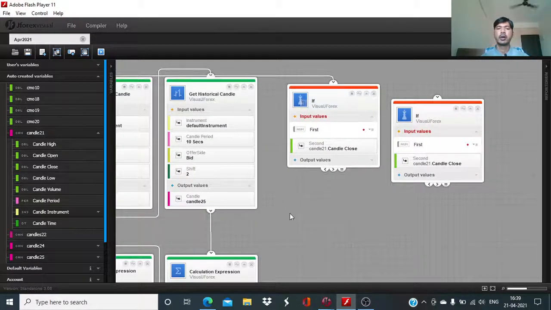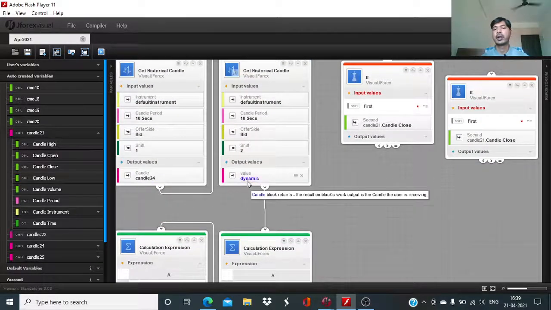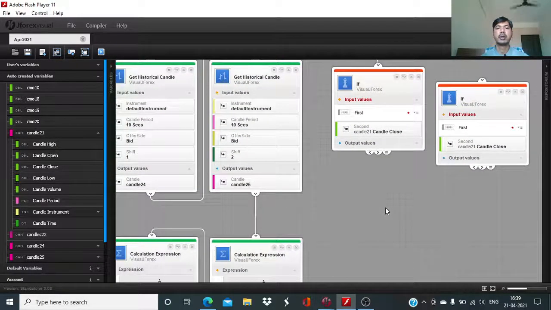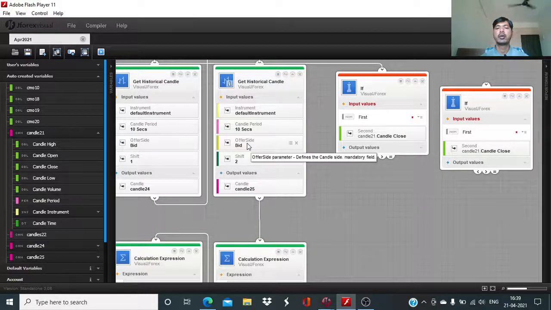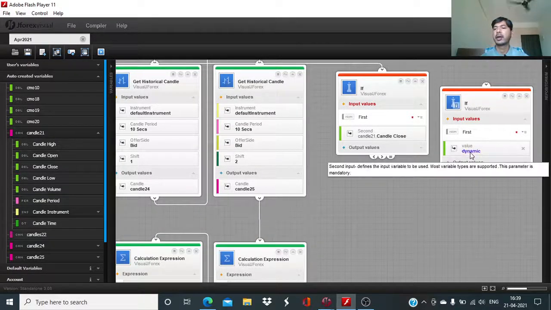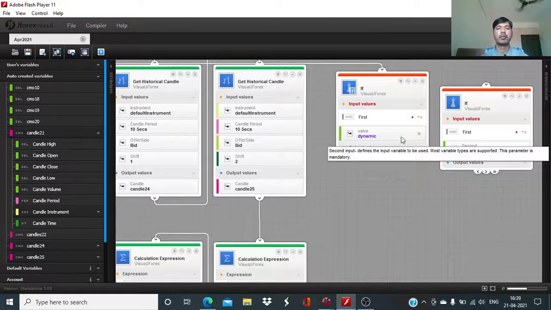and along with that we will have to compare the candle 24 and candle 25's closing values. Candle 25 has the look back period of 22, which means it should have closed lower than the candle 21 close, and then candle 24 closed above the candle 21.